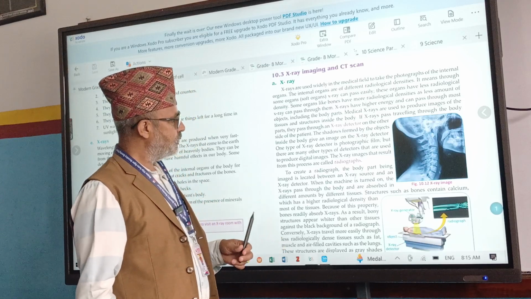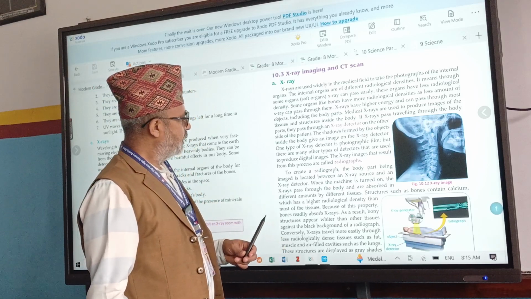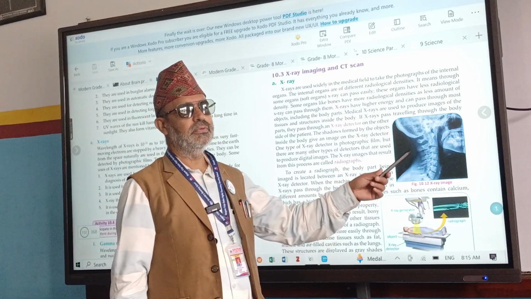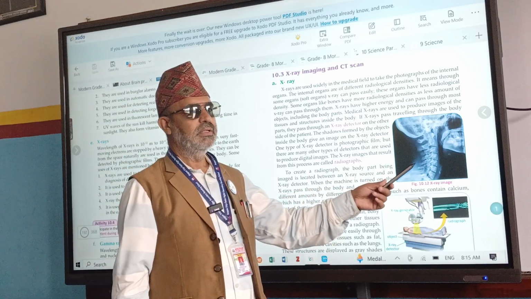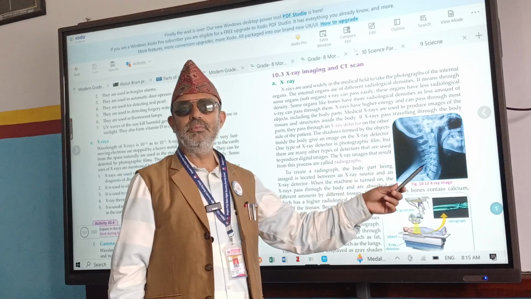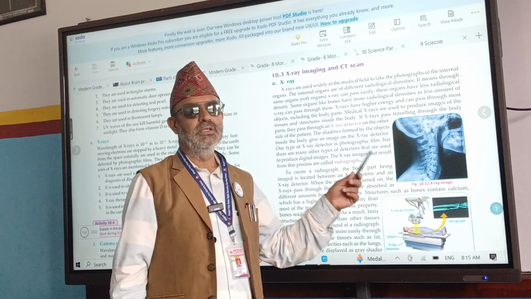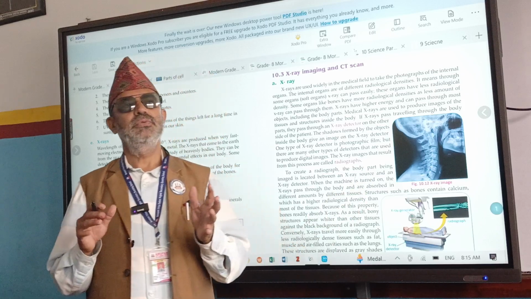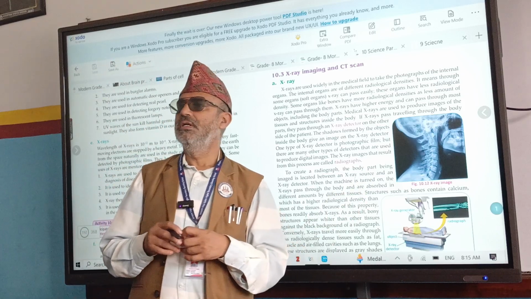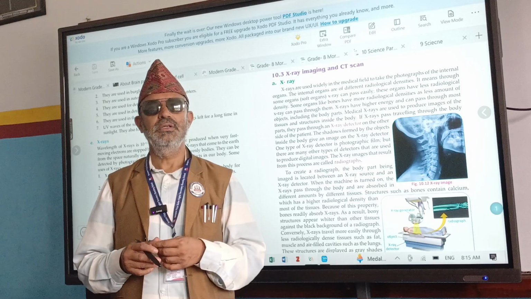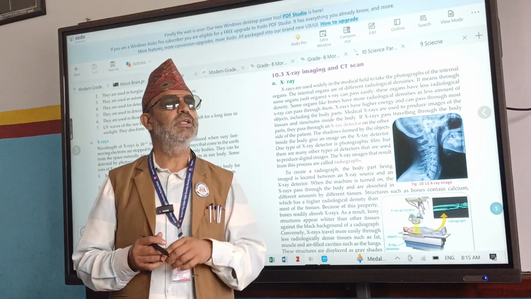This is actually called a radiograph. What is it called? Radiograph. This is the picture or photo obtained with the help of X-rays. So the branch of science which deals with these X-rays, their impacts and usage, is called radiography.